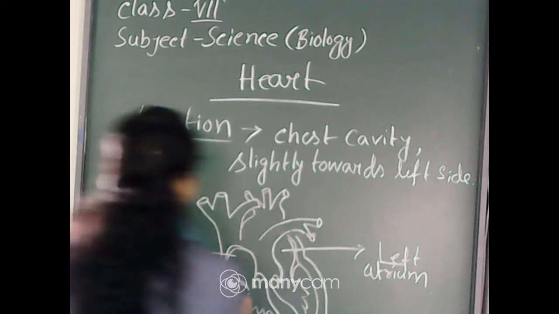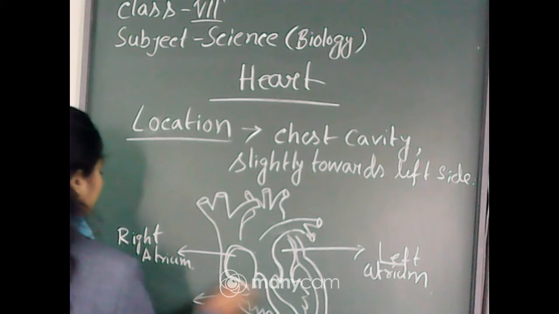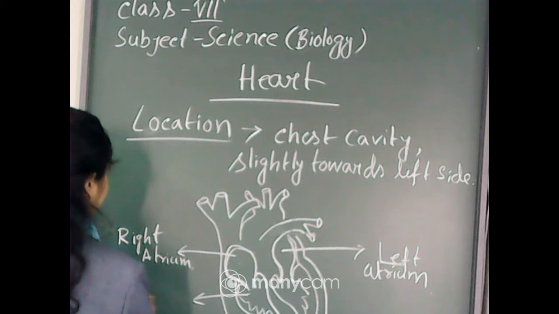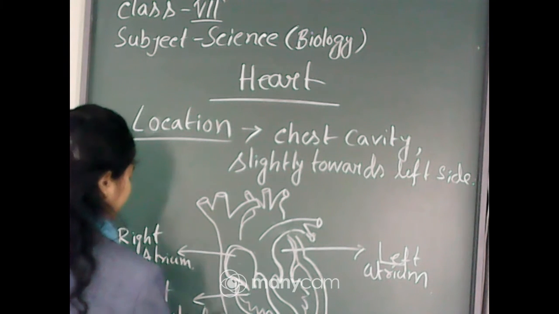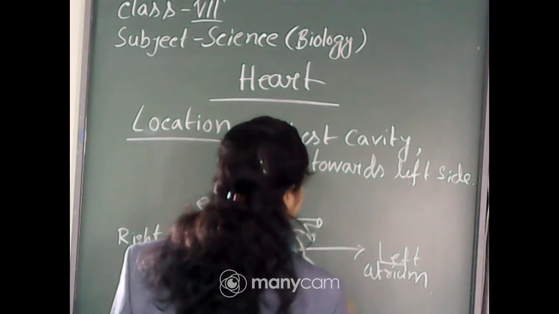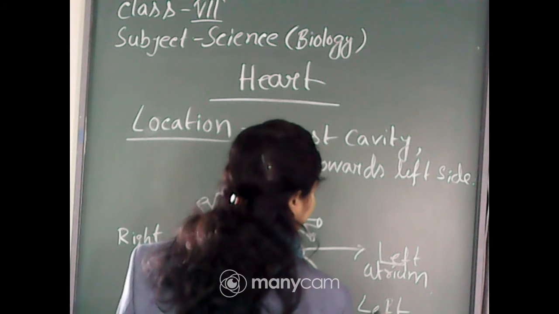Okay. Next come the lower chambers. Lower chambers are called ventricles. So when it is present on the right side, then it must be called right ventricle. And on the left side, it must be called left ventricle.